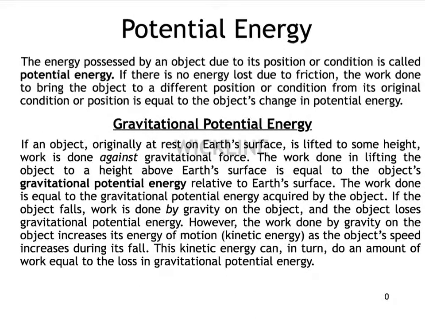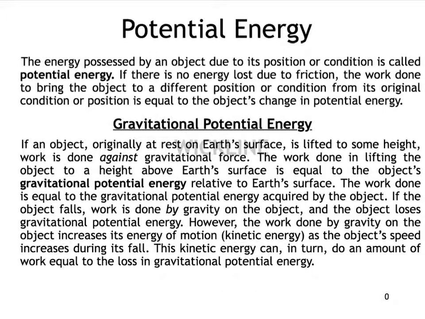So the two that we are going to go into a little bit more detail and do a little bit of math on are potential energy and kinetic energy. Gravitational potential energy is just the energy that's stored in the distance between the ground level and some object that has mass.